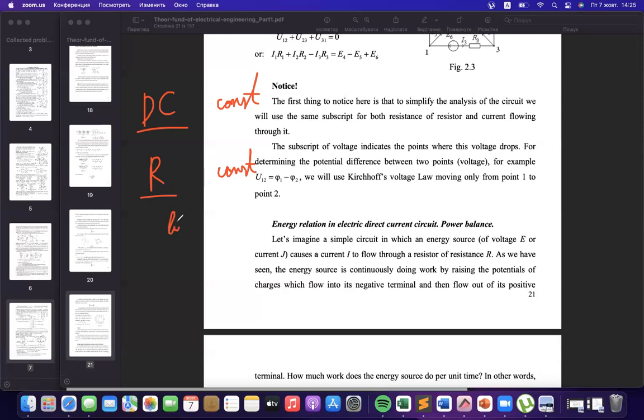It is called a linear electrical circuit if we speak about constant resistivity. And it is also concentrated in one physical point. We neglect any spatial dimensions.